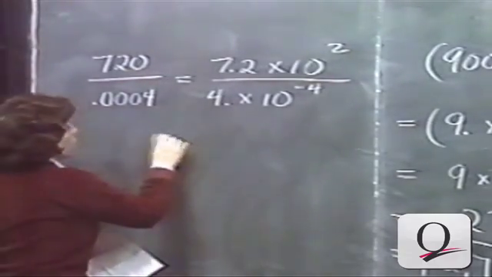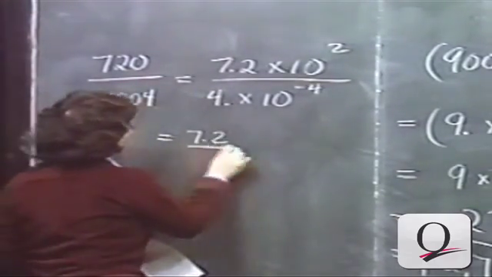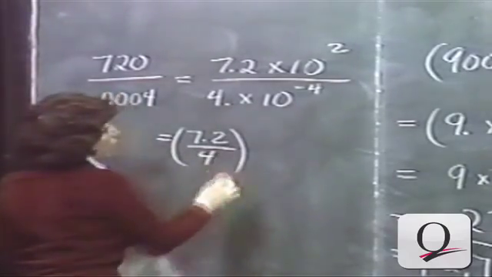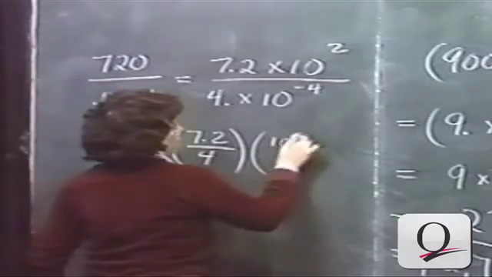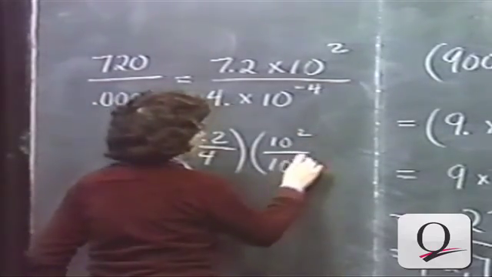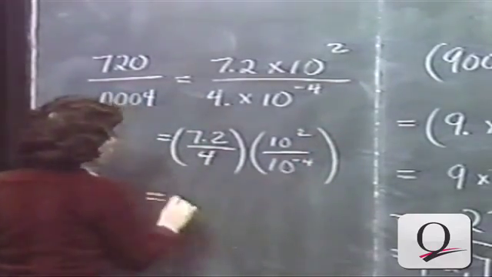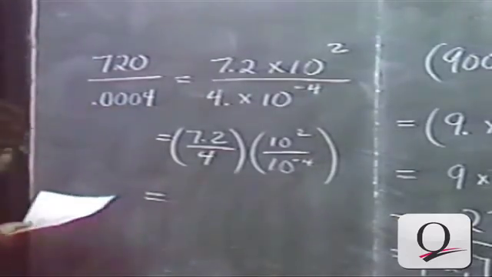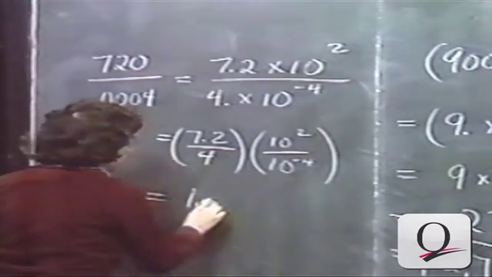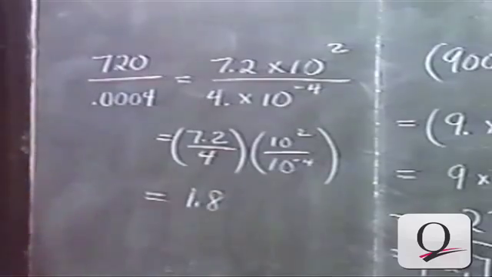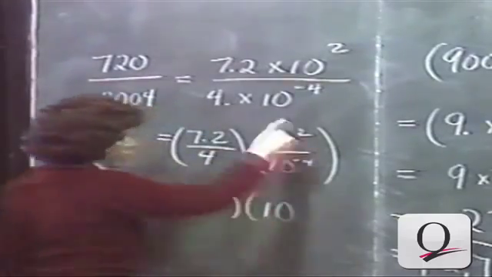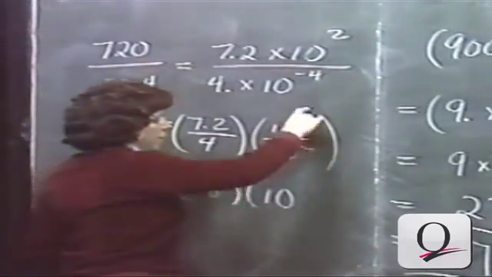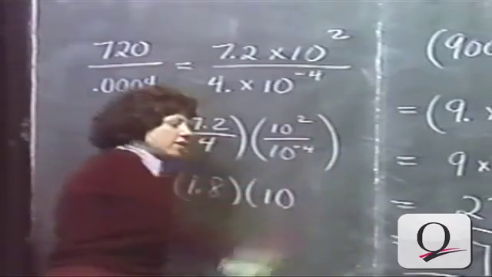Now, once again, we can break this up and handle the part without exponents separately, and then the part with exponents. 7.2 divided by 4 comes out to be 1.8. You can work that out on the side, or you can do it in your head, fine. 1.8 times 10. Now, a to the m over a to the n is a to the m minus n.